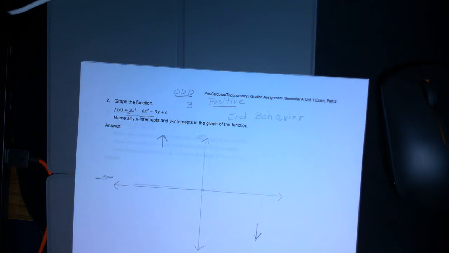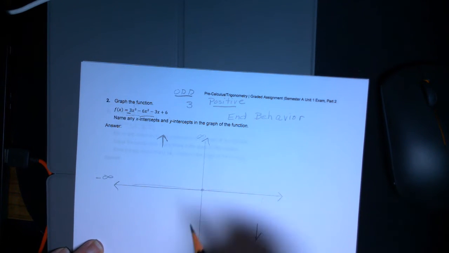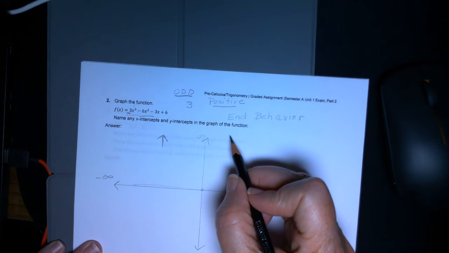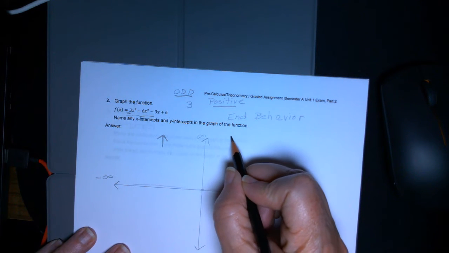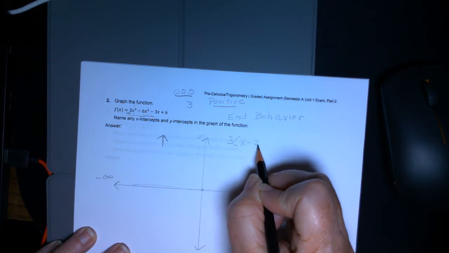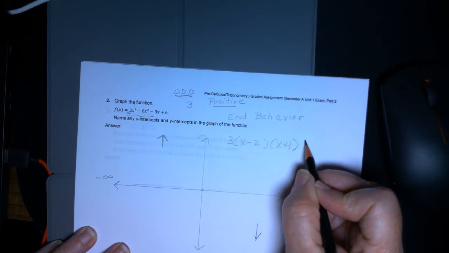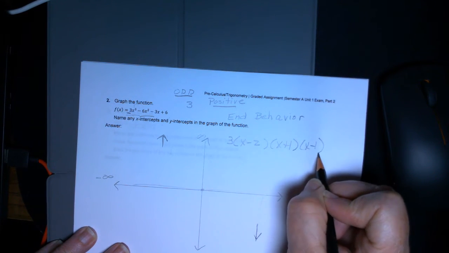All right, and let the calculator do the work for me. If you need to see every step, it's on there for you, which is what I love about this. Reviewing your factoring certainly doesn't hurt, it does help. So it factors into 3 times x minus 2 times x plus 1 times x minus 1.